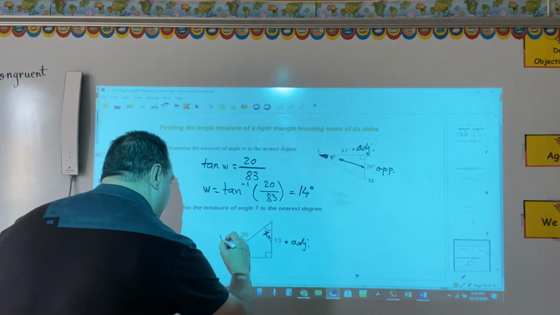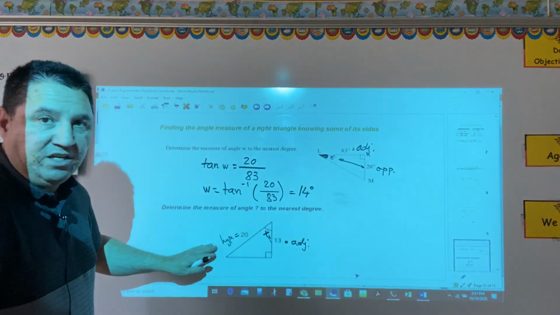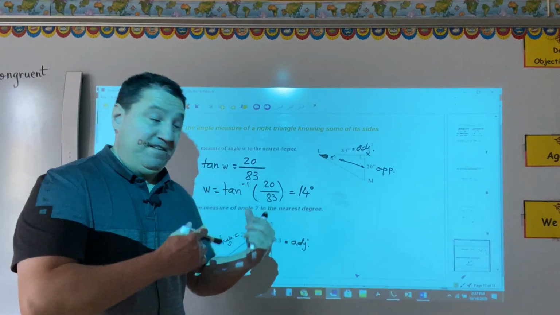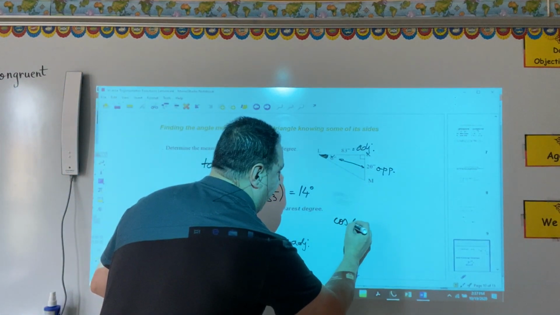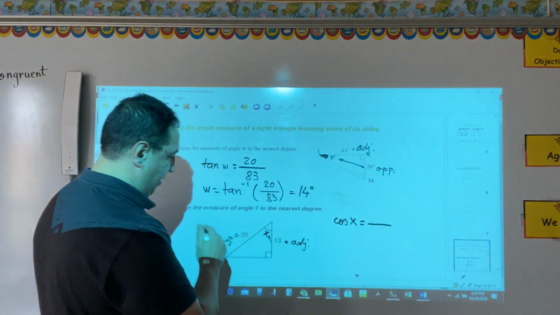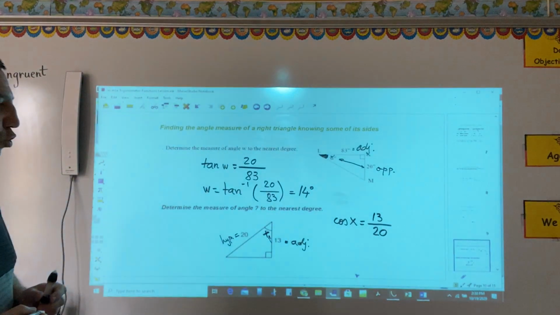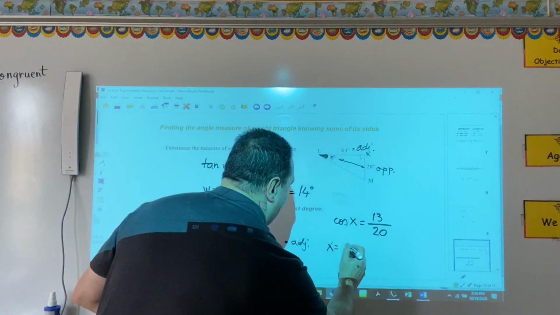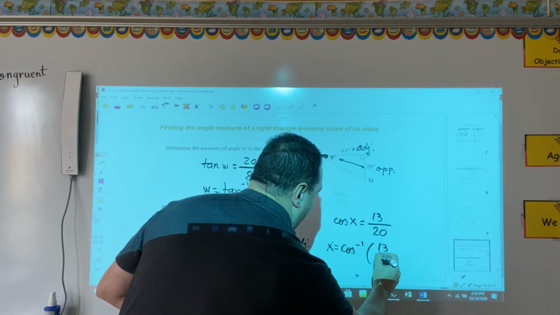So because adjacent and hypotenuse are given, we're going to use cosine of this angle. So cosine of x equals adjacent over hypotenuse, which is 13 over 20. To find the angle, we use the inverse of cosine. So x would be inverse of cosine of 13 over 20.